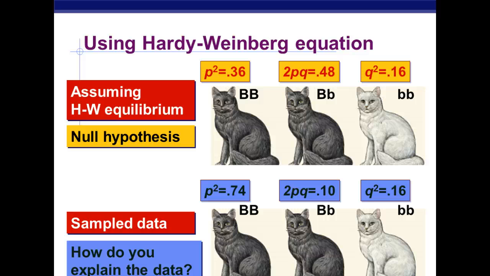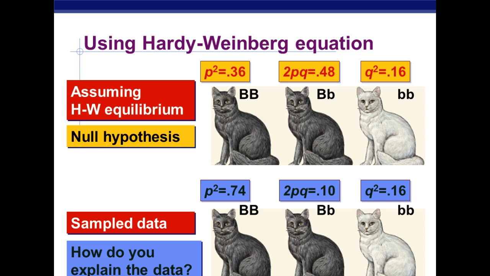Now, it could be that there's some non-random mating occurring. Here's what I mean by non-random mating. That all of a sudden, for whatever reason, black cats only breed with black cats, and white cats only breed with white cats. Now remember, there's far more black cats than there are whites.